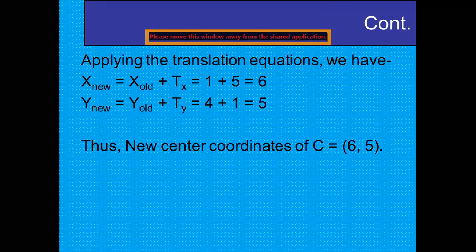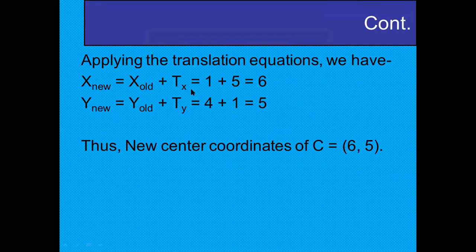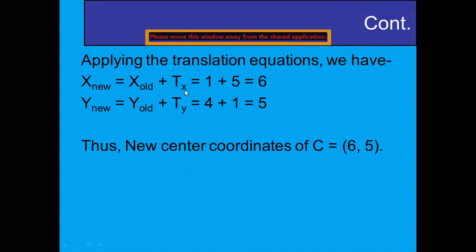Here you can see x new is equal to x old plus Tx. Translation towards x-axis, we can also call movement towards x-axis. Movement for what? We are moving or translating our image from one point to another.